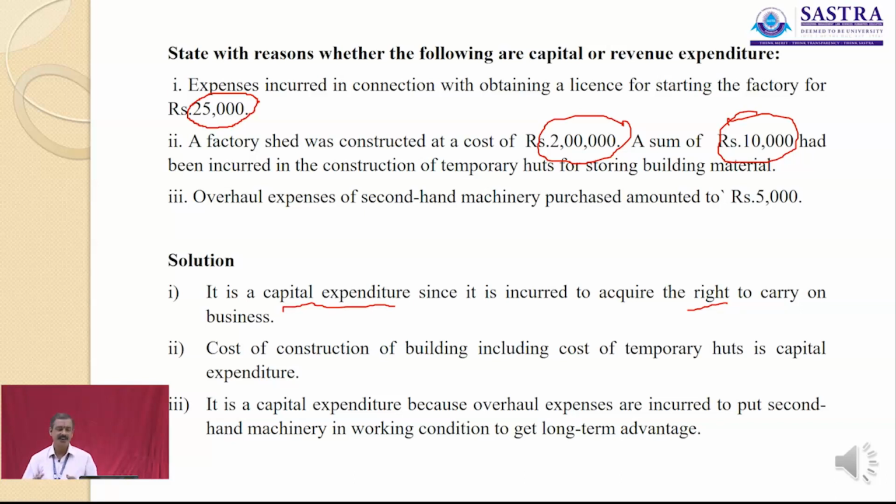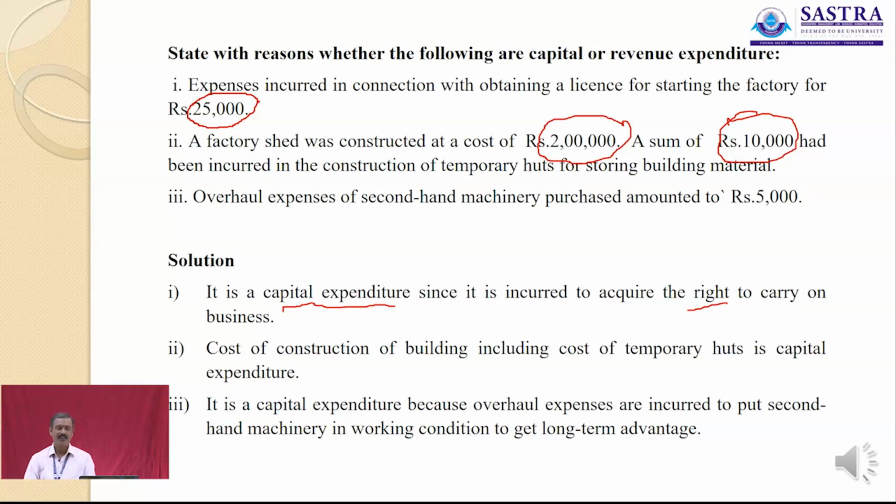A factory shed was constructed at a cost of 2 lakh rupees, right? And 10,000 had been incurred in the construction of temporary huts for storing the building material. There are two items. So the cost of construction of the building may be capital expenditure, right?